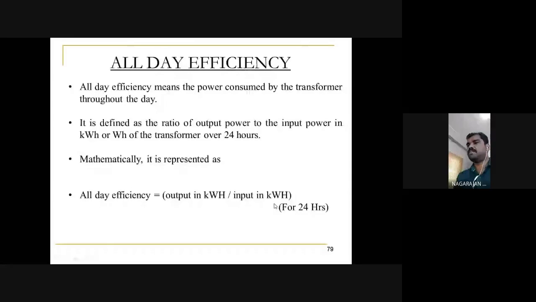Many of you, when writing the notation for kilowatt, put K as a capital letter. If K is in capital letter, then it means Kelvin. So when you mention kilo, it should be denoted with a small letter, lower case.